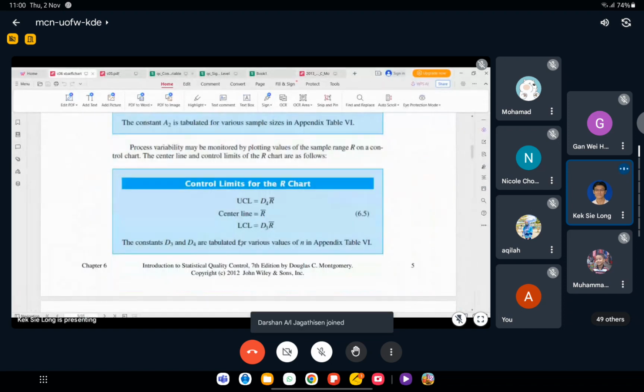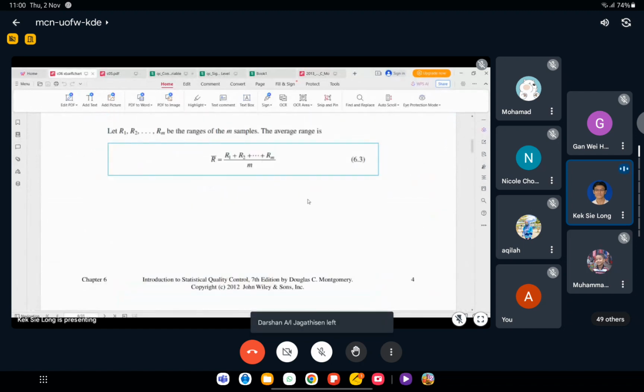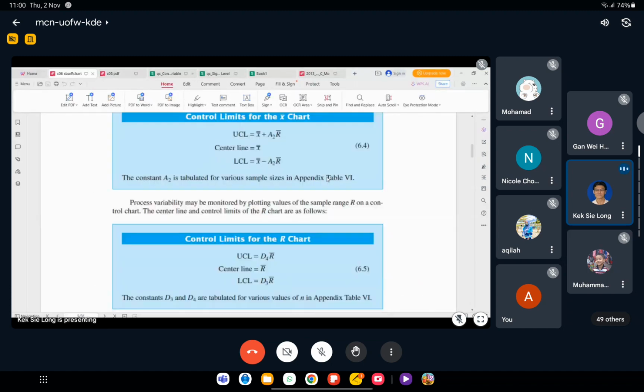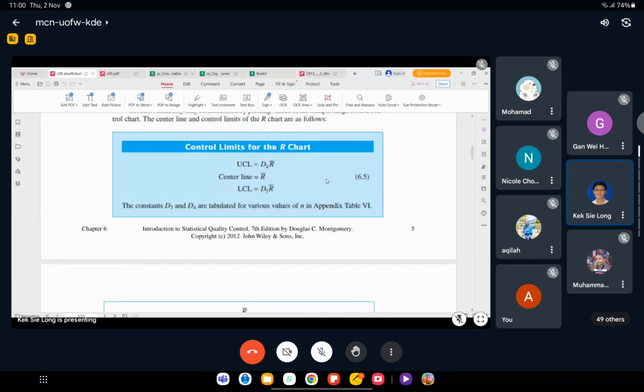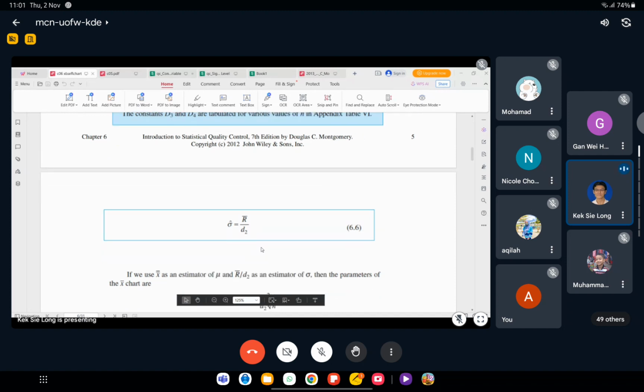Okay, return back here. Just now we stopped here, right? 6.3, and then 6.4, 6.5. Then, can we calculate the sample standard deviation for the range? So we take R bar divided by D2. Again, what is D2?